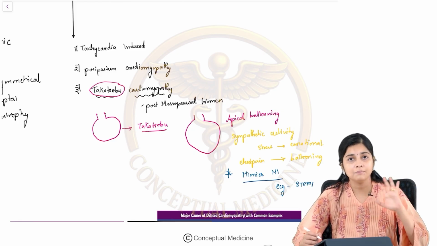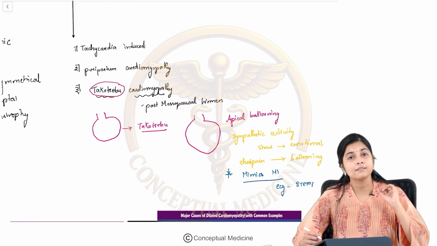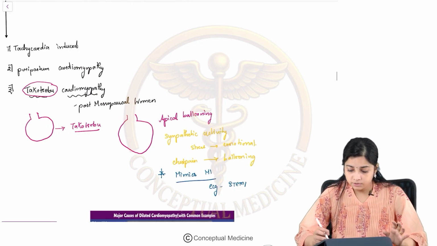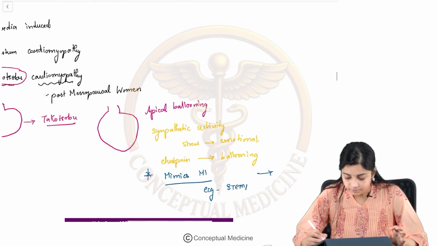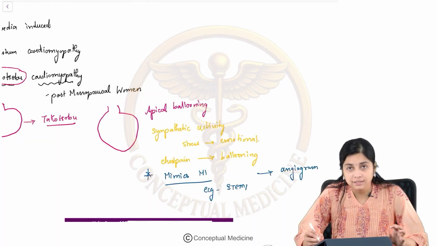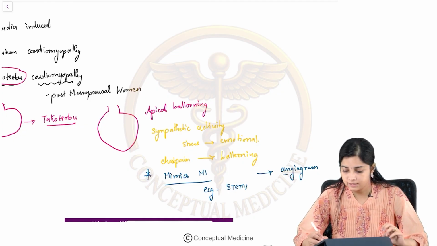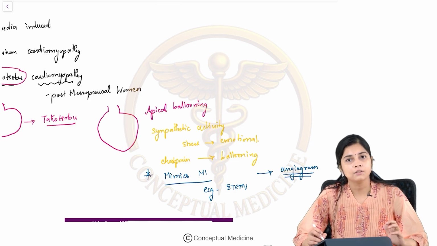Many a time Takotsubo cardiomyopathy is misdiagnosed as an MI and taken up for a cardiac angiogram. It is only on the angiogram that you see this apical ballooning, and there is no evidence of any block. That is the only way you diagnose Takotsubo cardiomyopathy.